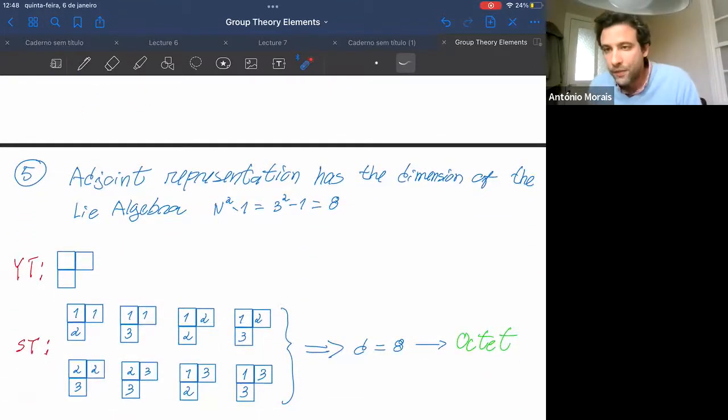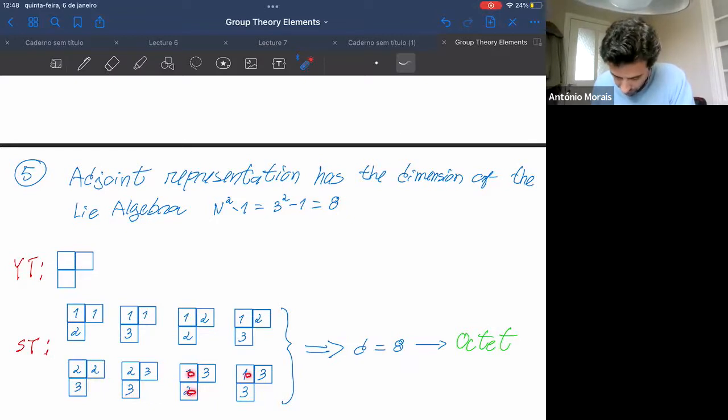So what happens? Numbers must not decrease in rows and must increase in the columns. In the rows, you can have 1, 1; 1, 2; 2, 2; and 2, 3; as well as 1, 3. In the columns, we can only have 1, 2 and 1, 3, and also 2, 3, of course.